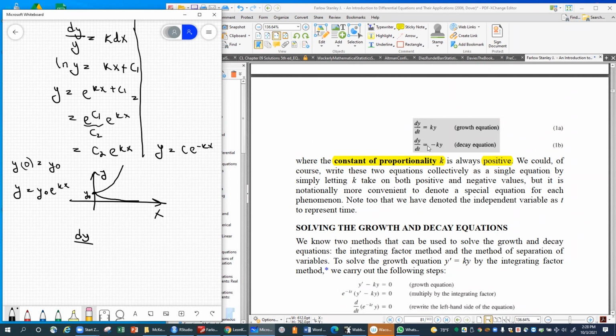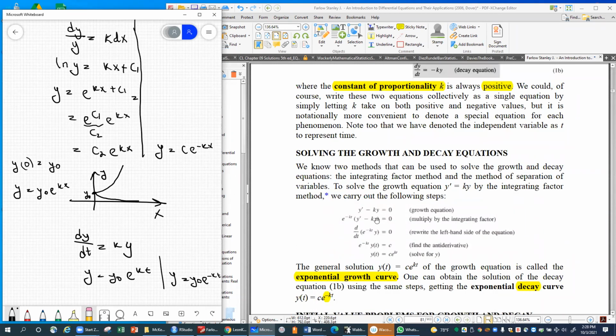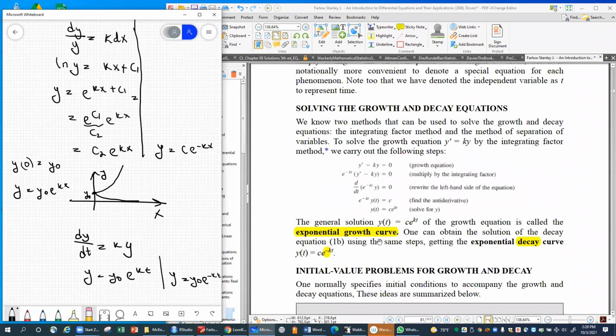So then your answer is in terms of time: y equals initial value times e^(kt). Or if it's a decaying case, y equals initial value times e^(-kt). You can do it as a linear approach too, where the multiplying factor is just e^(-kt).